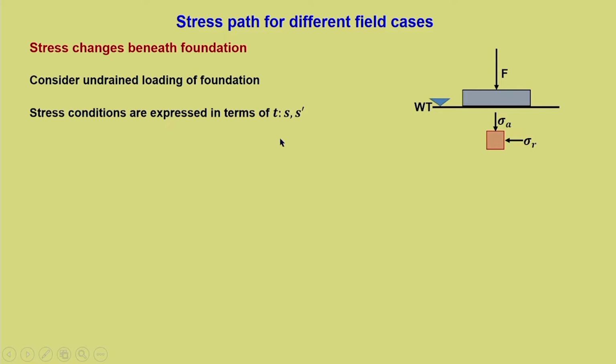Stress conditions we will see again in terms of t-s-s dash. We can study the stress path in any form. The most common forms are t-s-s dash and q-p-p dash because those are in terms of invariants.